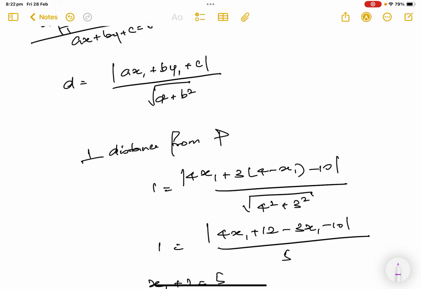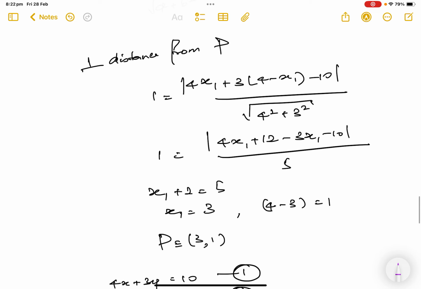Substituting, we get 4 times x1 plus 3 times (4 minus x1) minus 10, because when you bring the 10 to the left-hand side it's minus 10, divided by the square root of 4 squared plus 3 squared. That is 4x1 plus 12 minus 3x1 minus 10, divided by 5, because 16 plus 9 is 25 and the root of 25 is 5.